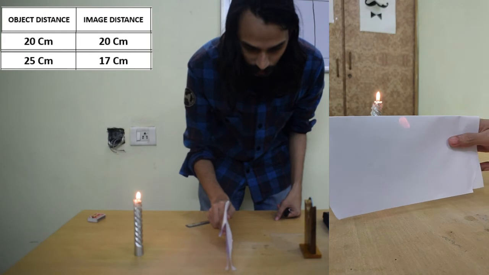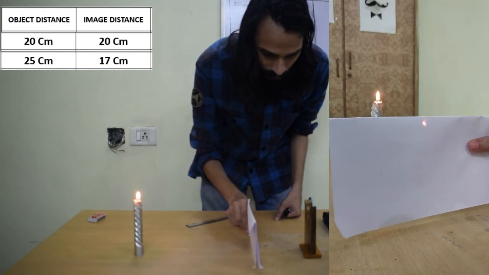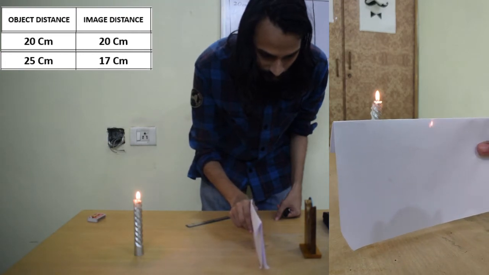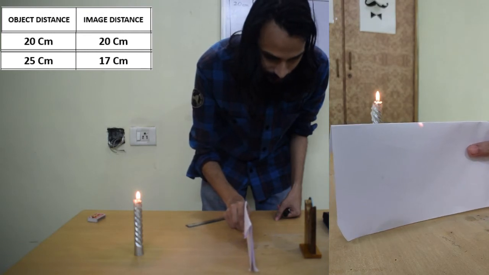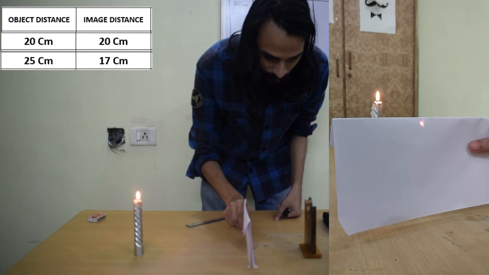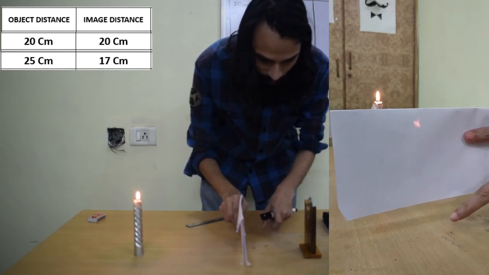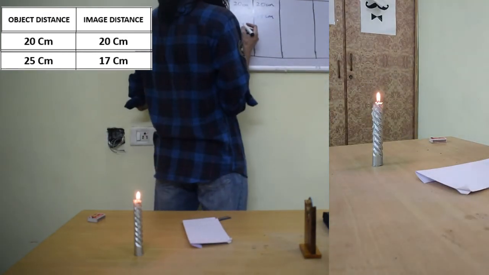Now take a look at this. Blurry, clear, blur again, right? So this is a little clear. This is about 5, 10, about 14 centimeters of distance.